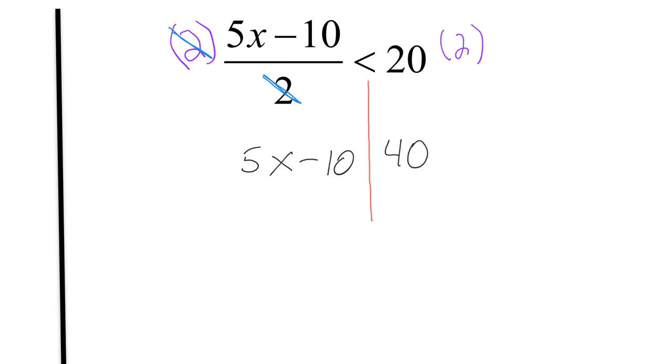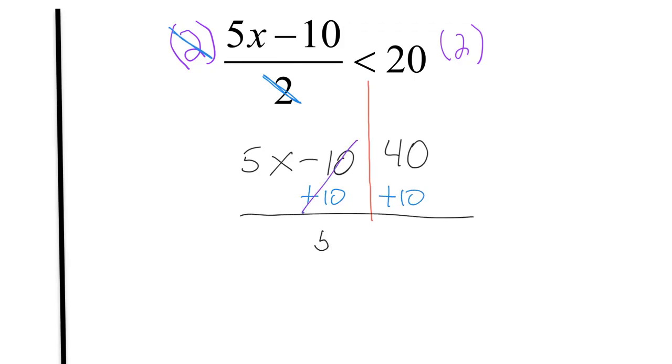Now that you don't have fractions, you can start solving just by doing the inverse operations. So I look at the side of the variable, so the variable's on the left side, and I want to eliminate the constants. So this -10, it is a constant because it doesn't have a letter, it doesn't have a variable. So I'm going to do the opposite, plus 10 here, and I add 10 over here. So I know I will cancel the 10s.